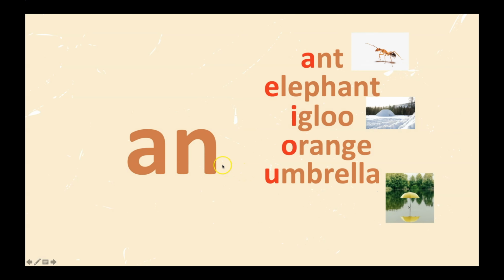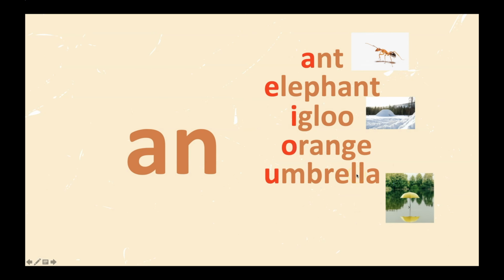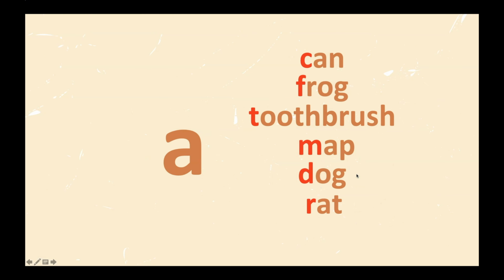We use an because umbrella begins with U. So spell umbrella. U-M-B-R-E-L-L-A, umbrella. Excellent.